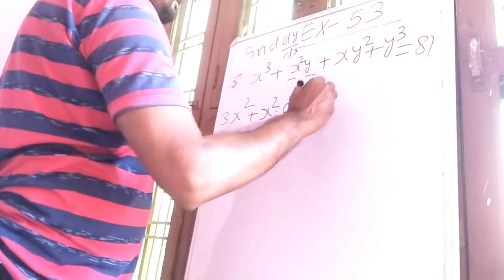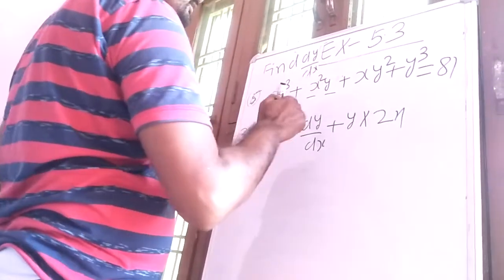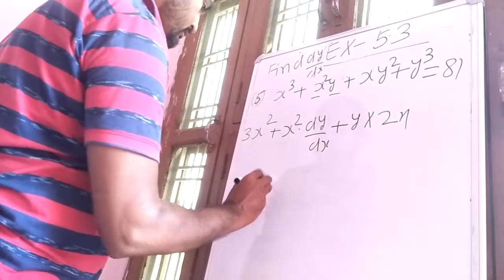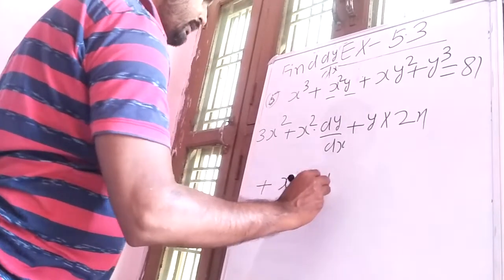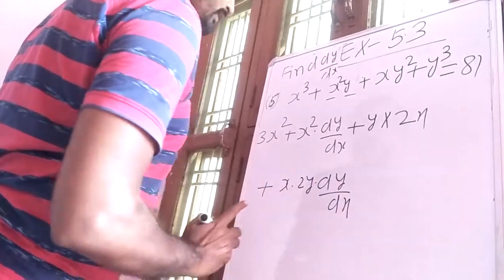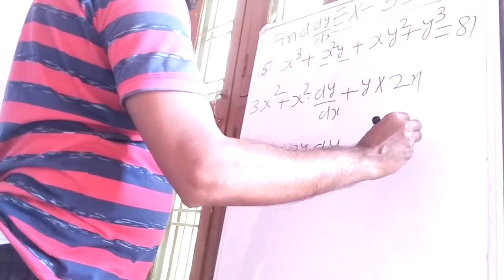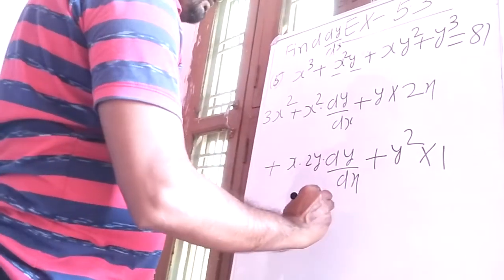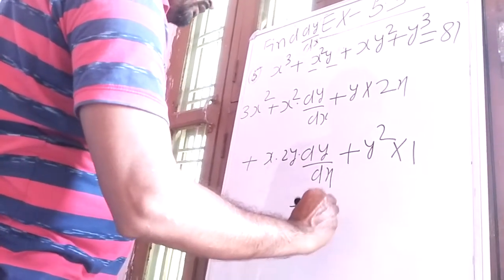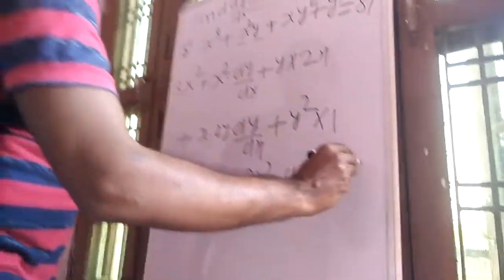This is product from u and v, so we have two terms. Next plus x into 2y into dy by dx plus y square into 1, plus 3y square dy by dx equal to 0.